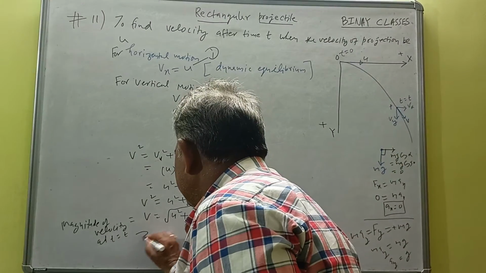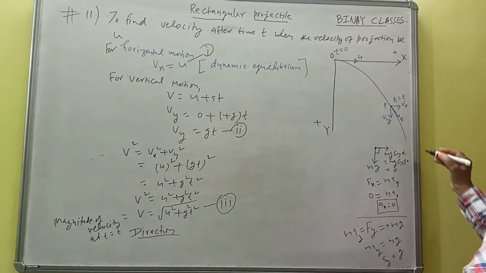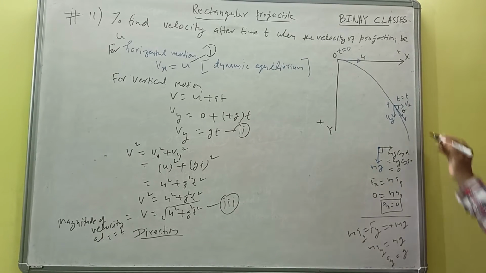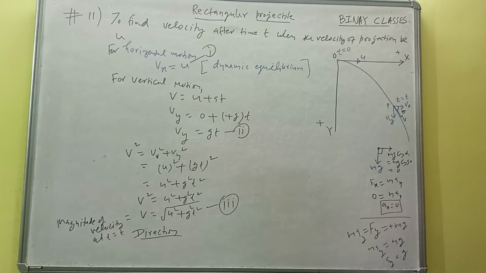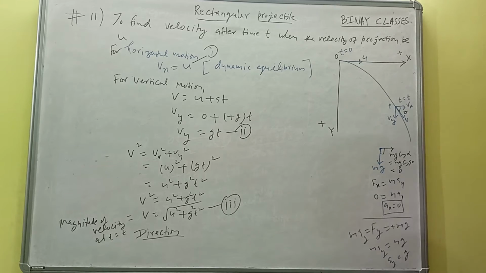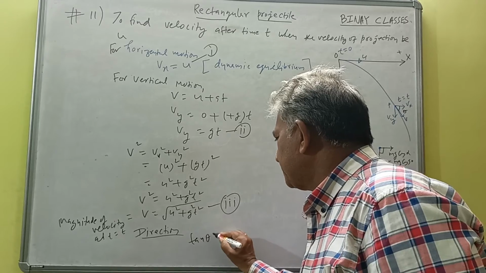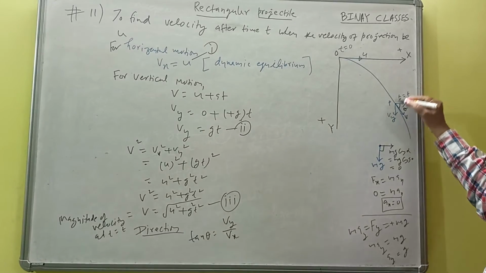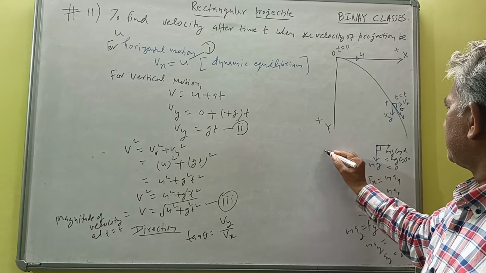Now to find the direction, meaning what is the direction of this velocity. Suppose this direction is theta, meaning the direction of the velocity is acting tangentially on the graph downward, and here this is horizontal. So with respect to horizontal, this makes angle theta, suppose. So we can find tan theta for the direction in two dimensions, Vy by Vx, and the same diagram I am showing here for your better understanding.